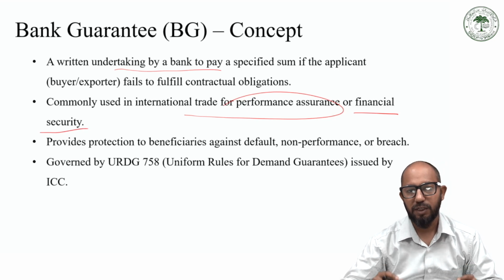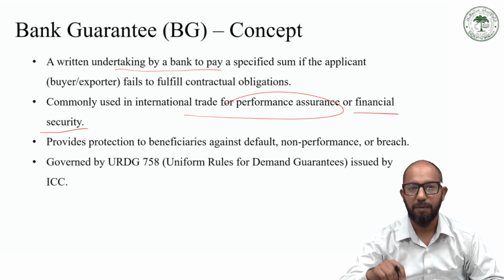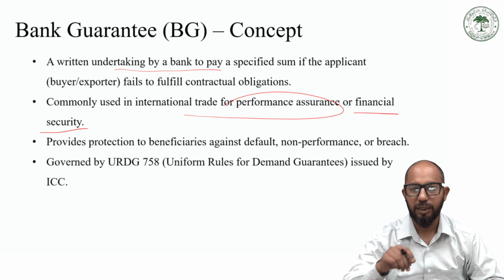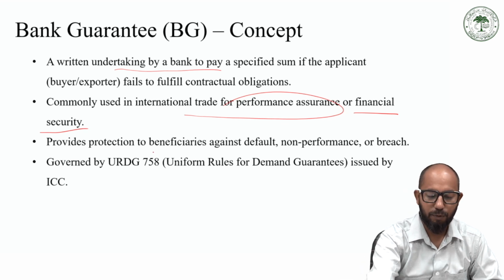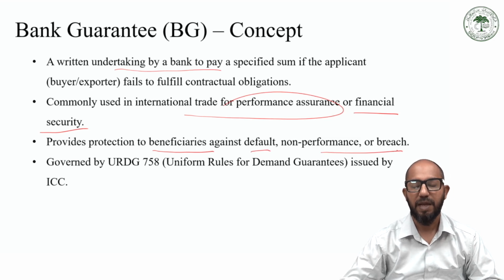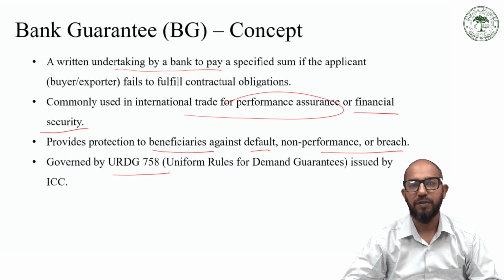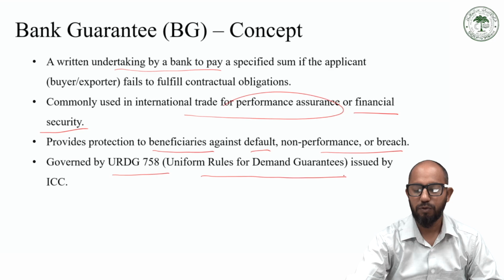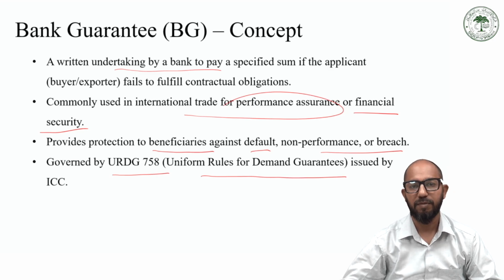This provides much more security because the guarantee of the bank is involved in payment mechanism. Thus, it is beneficial for both exporter as well as importer. Bank guarantee provides protection to beneficiaries against default, non-performance or breach. Bank guarantees are governed by URDG 758, that is Uniform Rules for Demand Guarantees, issued by International Chamber of Commerce.